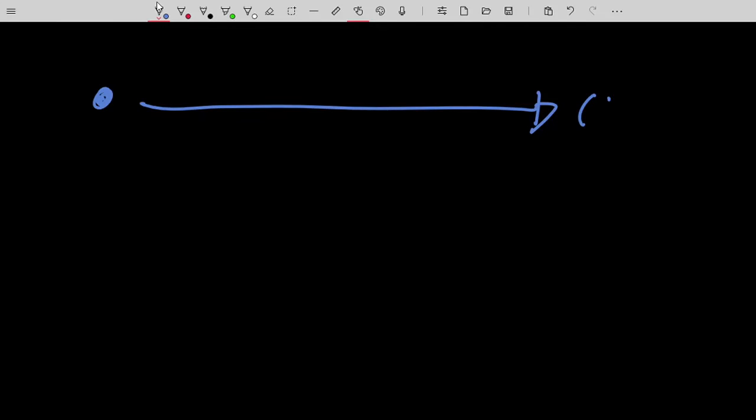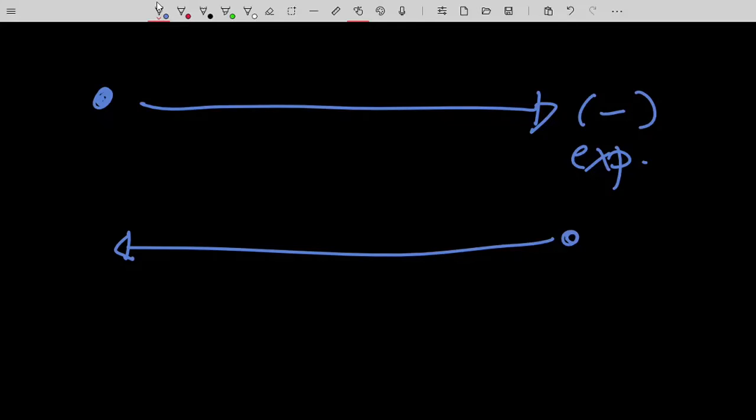So again, I want you to know that when a decimal point is moved to the right direction, your exponent will be negative. Now, whenever you move a decimal point to the left direction, it should always have a positive exponent.